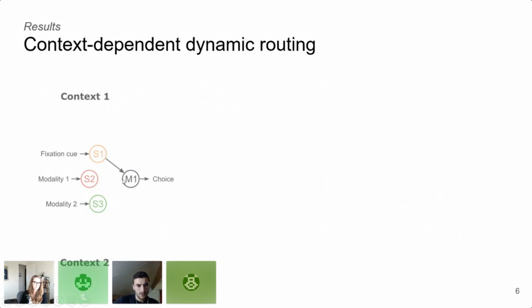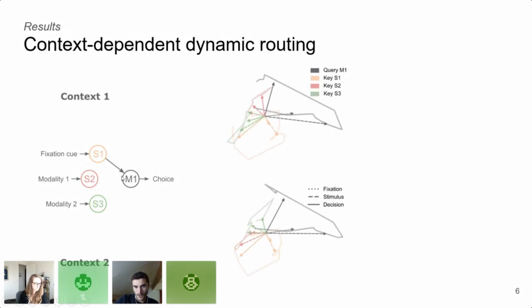Okay, and we can now analyze the attention mechanism that is used for the communication between the modules in order to understand how the routing between the modules evolved over time. Here I have represented the query and the keys of the modules.